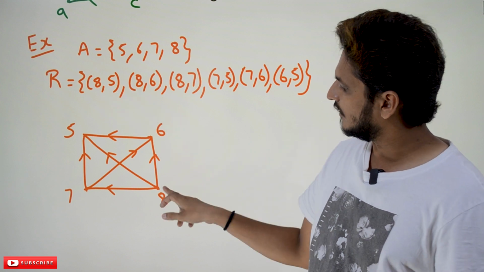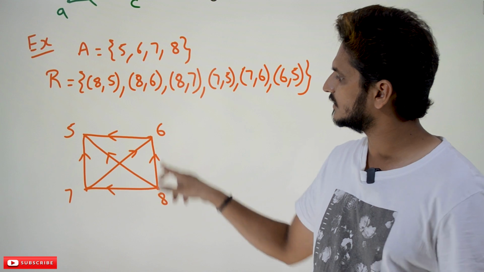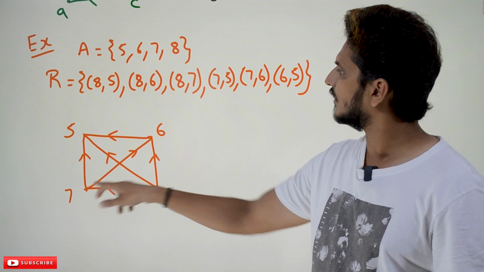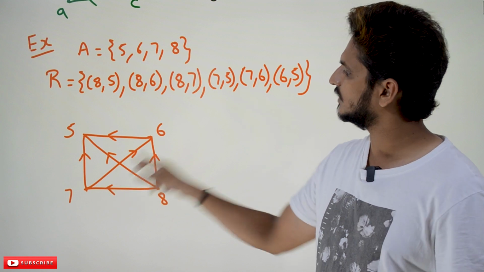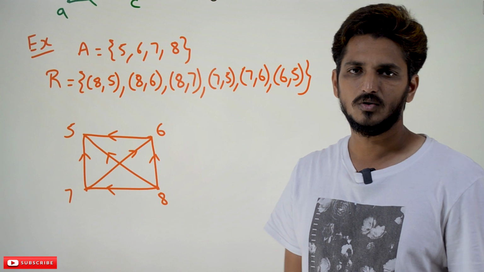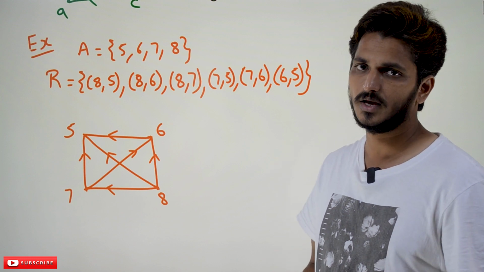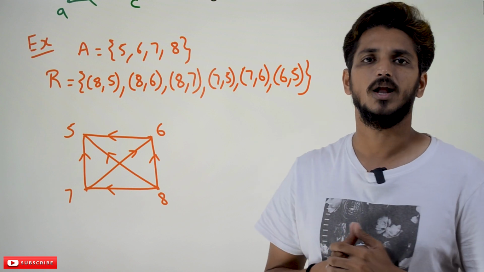From 8 we have a relation with 5, from 8 with 6, and 8 to 7. Similarly 7 to 5, 7 to 6, and 6 to 5. So this is how we show the ordered pair relationships using a graph model.